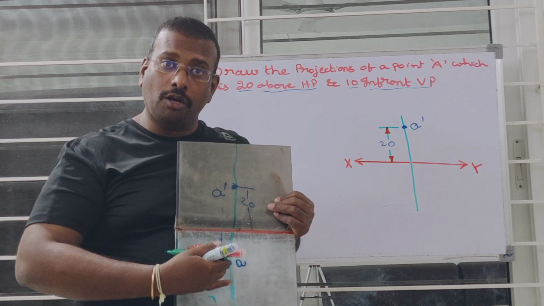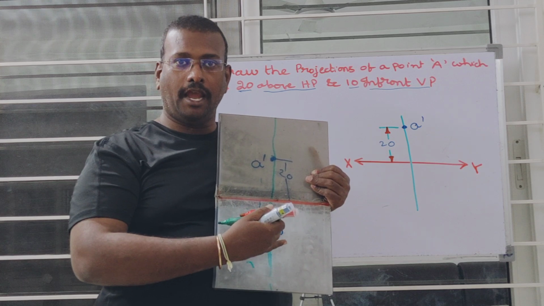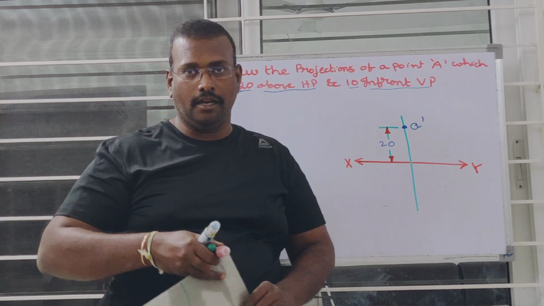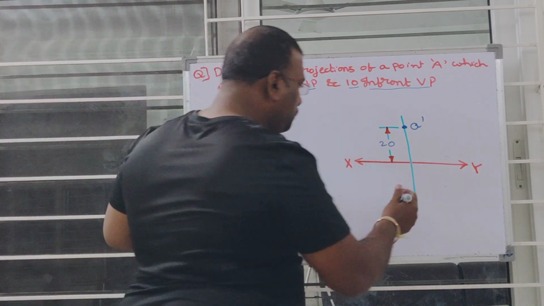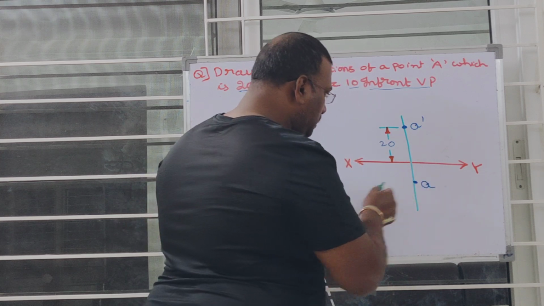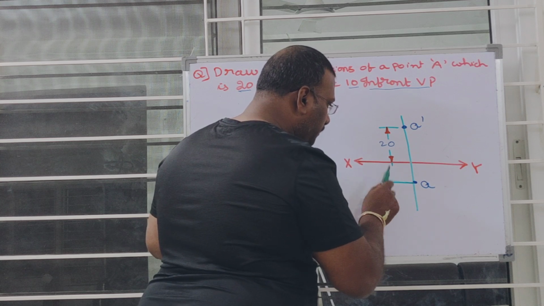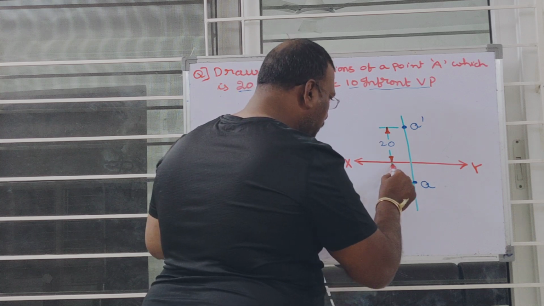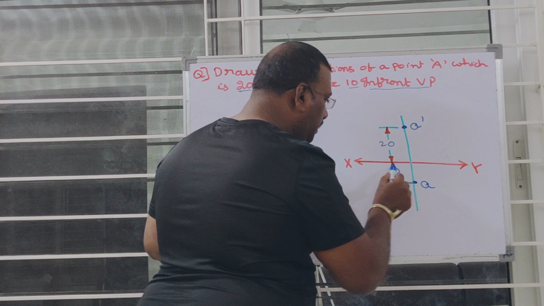Therefore, A is going to get 10 below this reference line. Therefore, small a, where do we have to represent? Small a, we are going to represent here. And how much is this distance? This distance is going to be 10. So we have to give the arrowheads at both places. And we have to mention here it as 10.